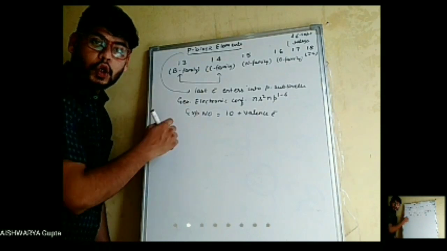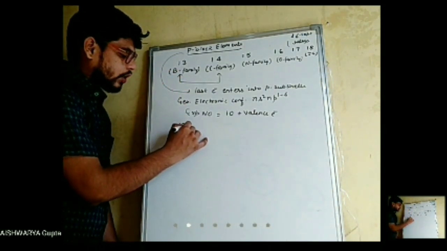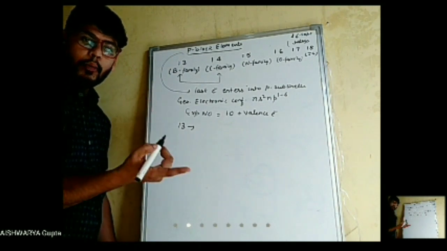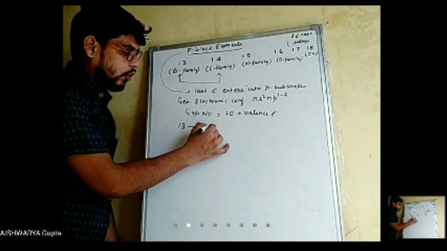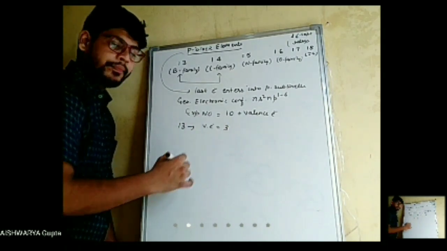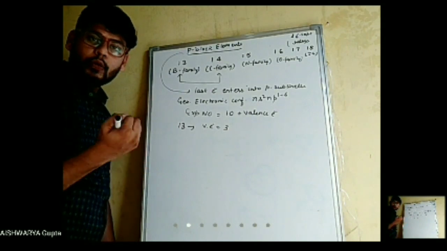Like if I write the electronic configuration of a group 13 element, how many valence electrons will it have? If the group number is 13, the number of valence electrons comes out to be 3.